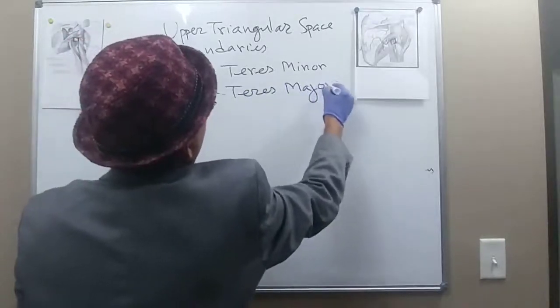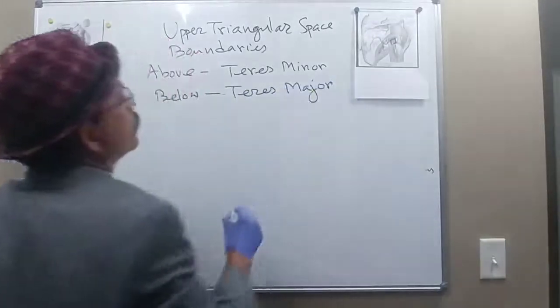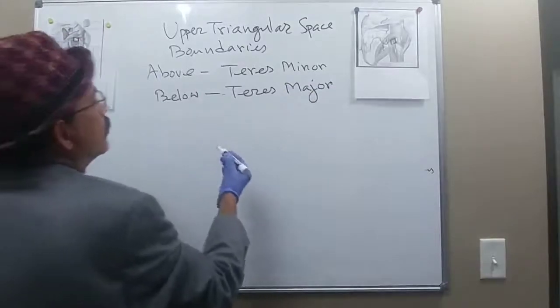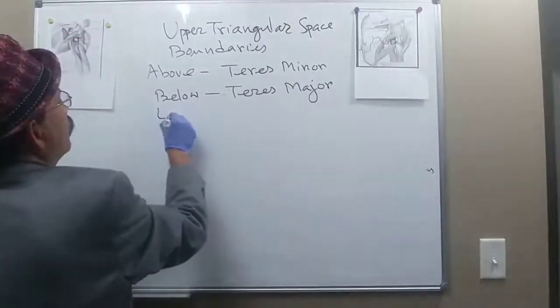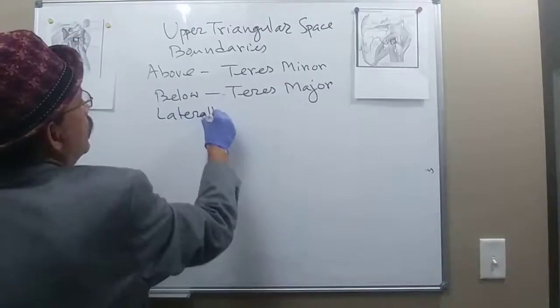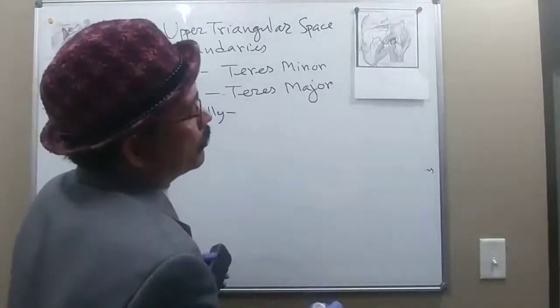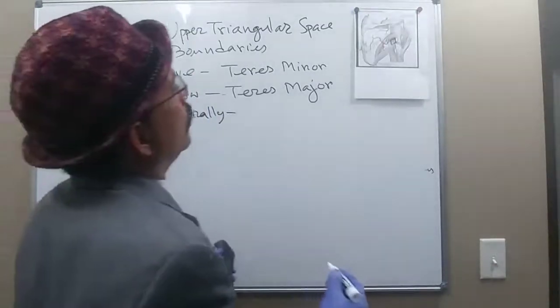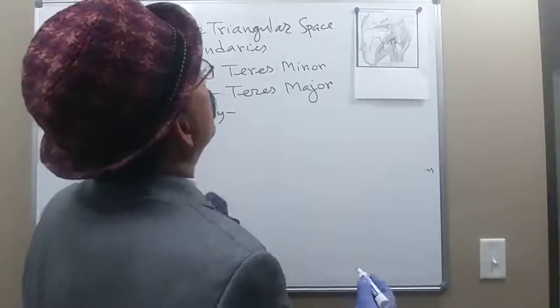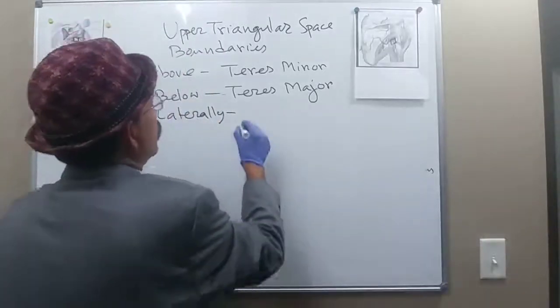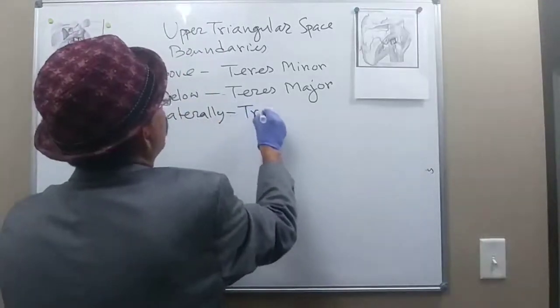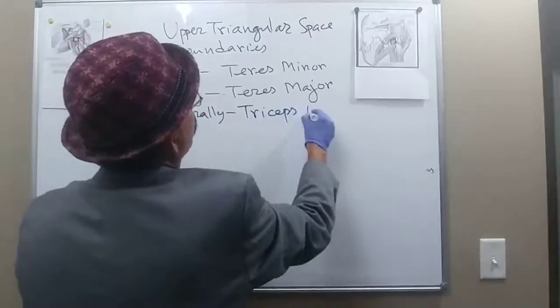Then laterally, it is bounded by the lateral border of the long head of Triceps Brachii.